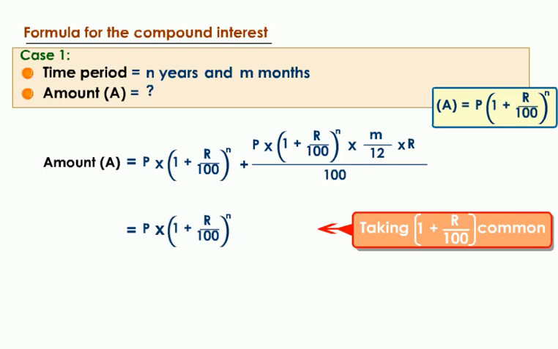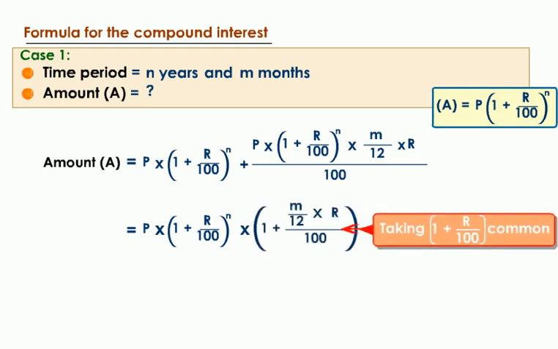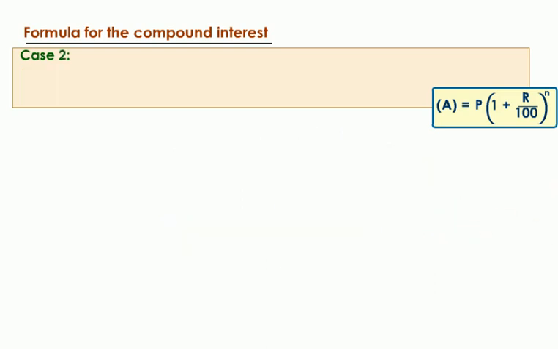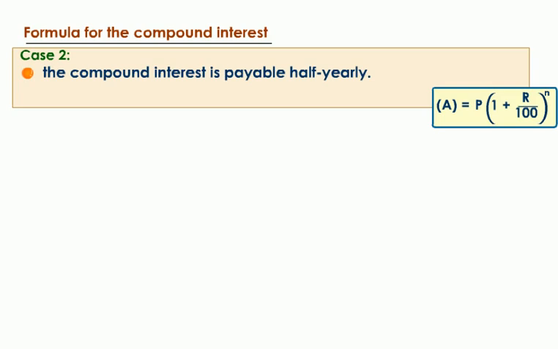Now let us look at case 2. Students, if the compound interest is payable half yearly, then interest is accumulated at rate divided by 2% half yearly. Also, n years is equivalent to twice n half years.